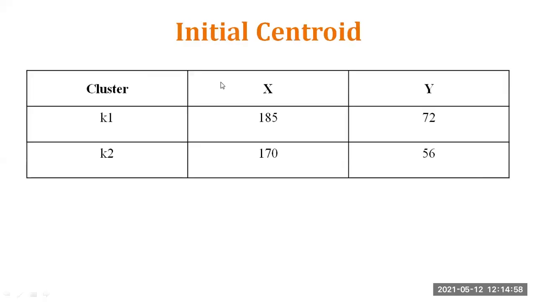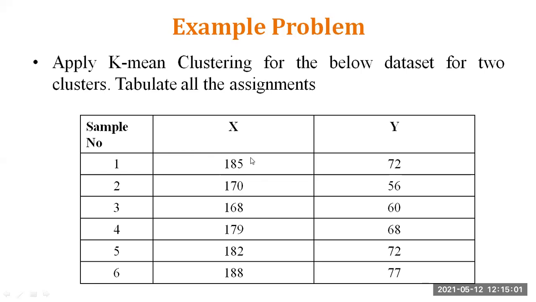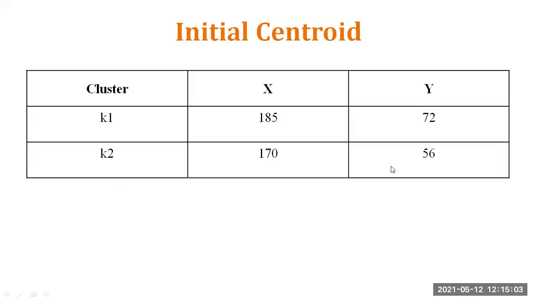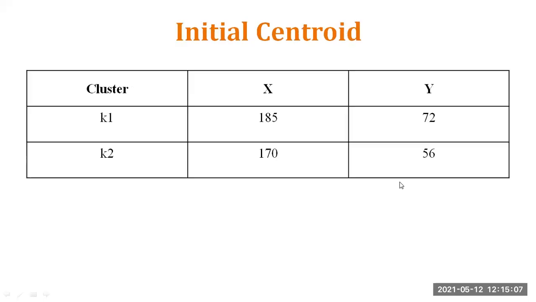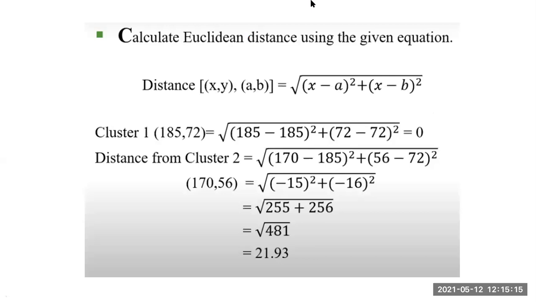What we are taking is the first value, 185 comma 72, as the first centroid value, and the next, 170 and 56, as the second centroid value. That is, k1 is cluster 1 and k2 is cluster 2. Next, we'll calculate the Euclidean distance values. The formula for Euclidean distance is what we have said.